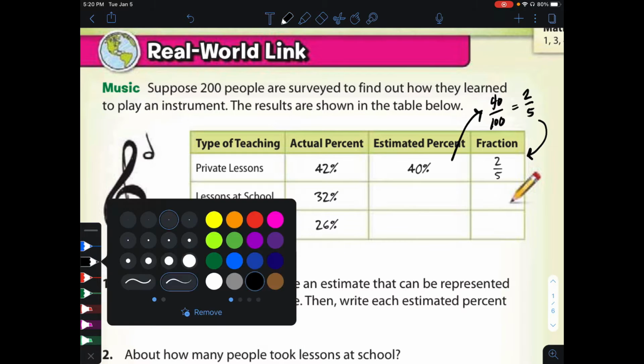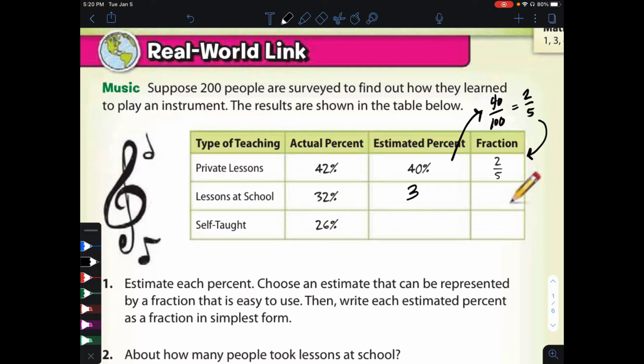Okay, so this is 30%, our estimate for 32%. And if we write 30% as a fraction, 30% is 30 over 100. And simplest form would be 3 over 10. So this is 3 over 10.